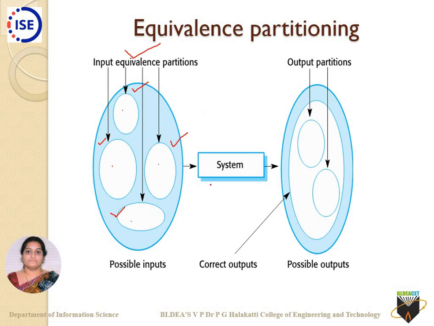I give it as an input to the system, and for this respective system I'm expecting the output. Outputs I also categorize in two ways. One is right answers which I am getting for right inputs, and one more is wrong answers which I am getting for wrong inputs. Both of them are considered as your possible outputs.